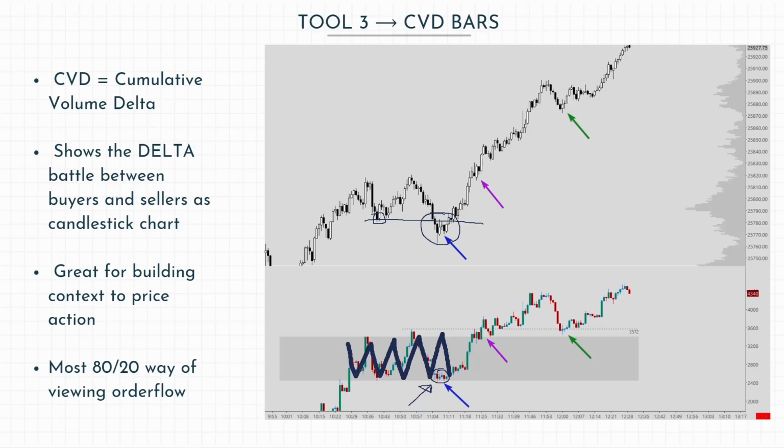And if the seller's ammo, aka the seller's level on CVD, is not being taken out, but on the price it is being taken out, or if the buyer's level is not being taken out on CVD, but it is being taken out on the candlestick, all of a sudden your brain should be telling you there's a divergence here.